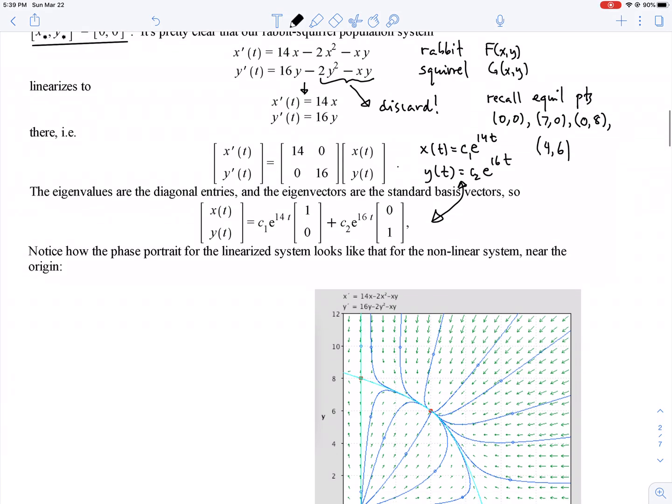All right, so we know we have 2 positive eigenvalues, that the origin is a nodal source for the linearized problem.